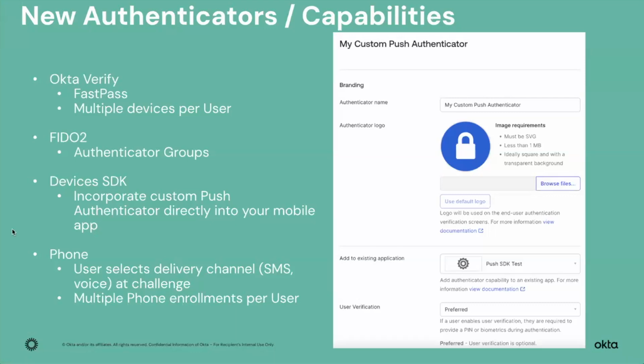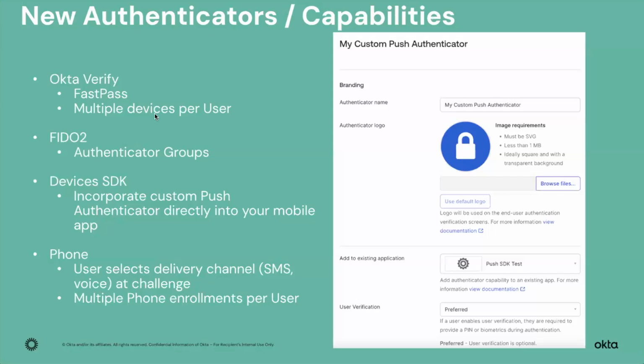In conjunction with that, another new thing about Okta Verify and OIE is that you can have multiple devices enrolled for the same user. So in Classic, you were limited to one device enrollment. Technically speaking, you were limited to one Okta Verify enrollment per user in Classic.